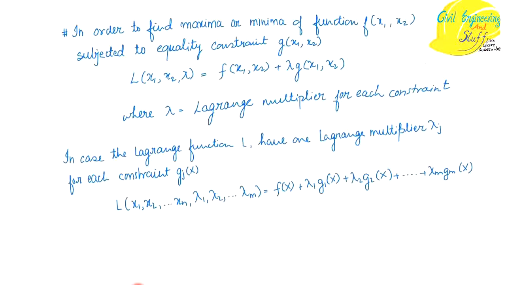Now depending upon the constraints available, suppose right now in the equation we had only one constraint. If we have another constraint, let's say the constraints are g1(x1, x2) and g2(x1, x2), right?